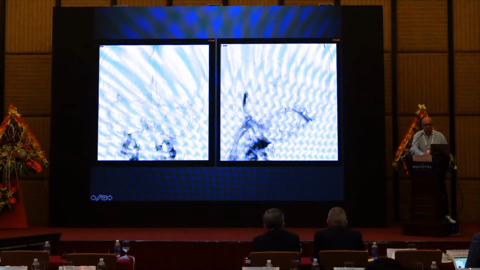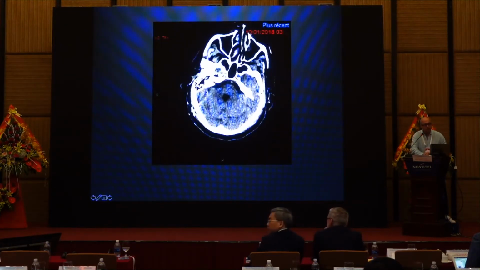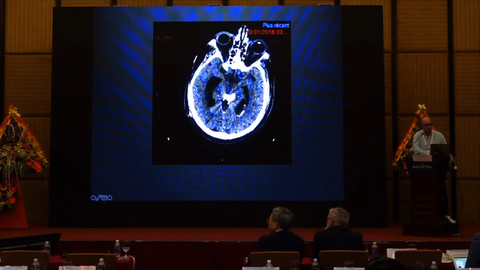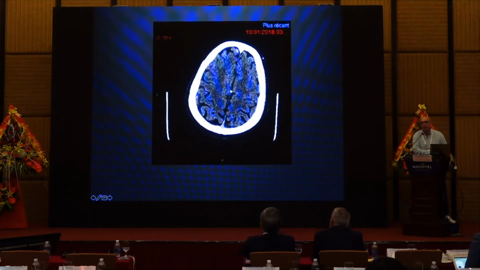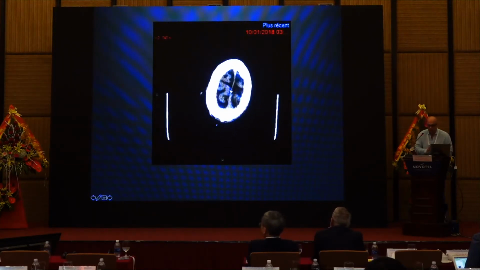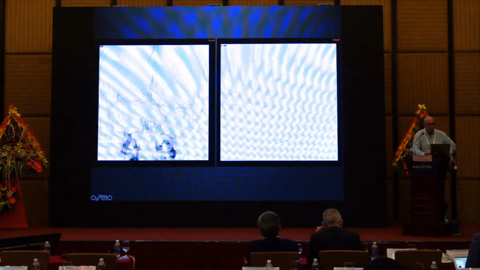But the problem is that this patient had bleeding after. And you see, he didn't have this bleeding before. He had only intraventricular bleeding, and he didn't have any bleeding in the thalamus. So he had a bleeding because most probably we left some small artery untreated, but you cannot see it.